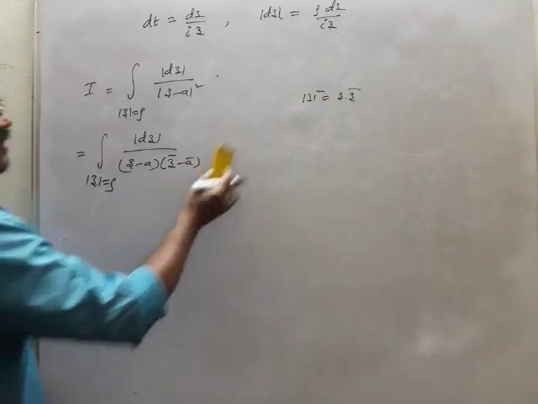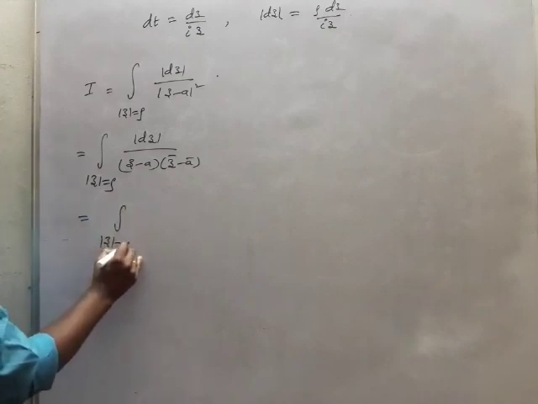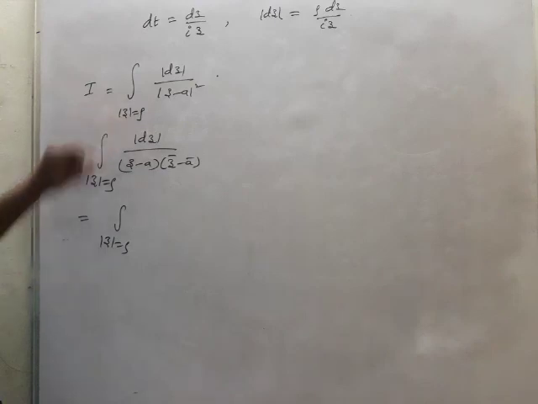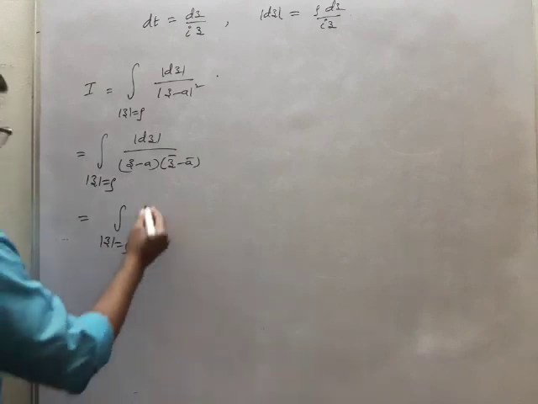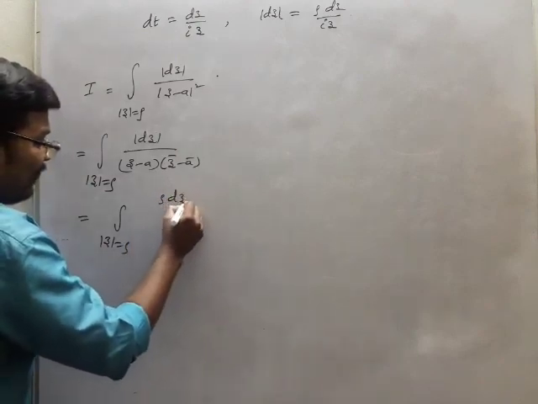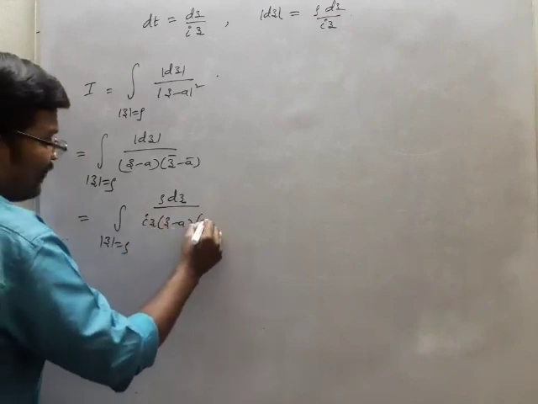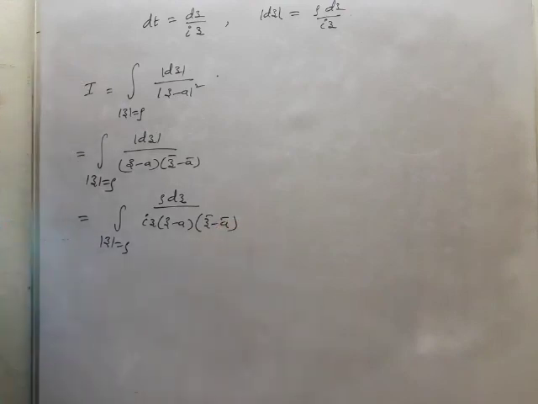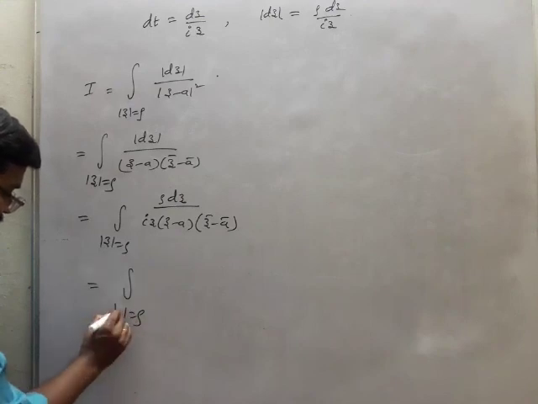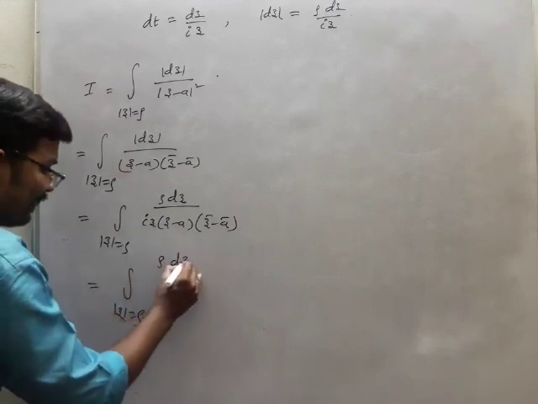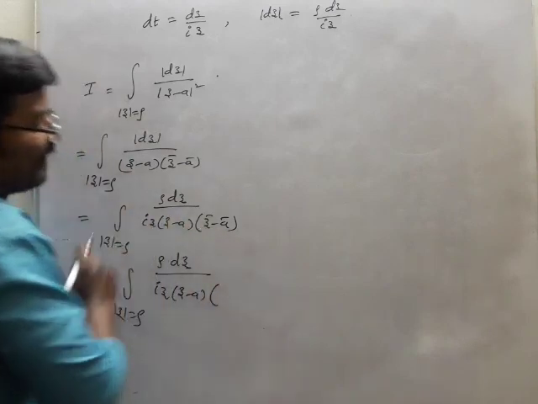Okay, I hope that you understood now. Now this is the integral over mod z is equal to rho. What is mod dz? This is rho dz by iz. So I may write this as rho dz by iz into z minus a into z bar minus a bar.